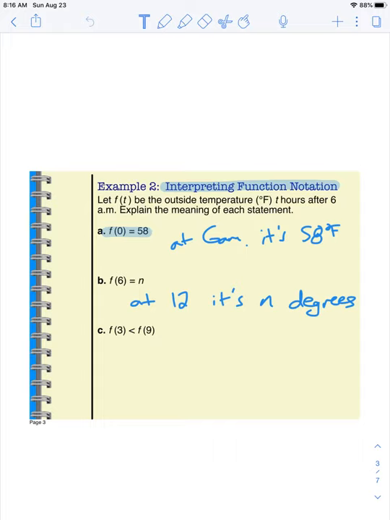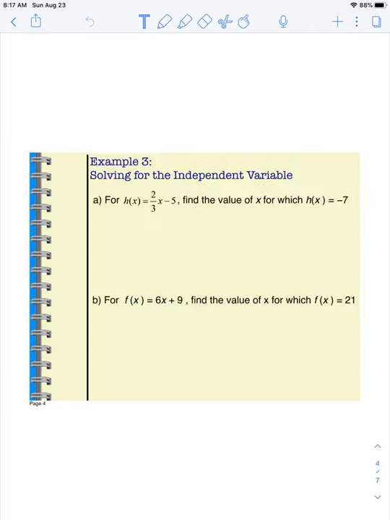That means 3 hours after 6 a.m., the temperature is less than 9 hours after 6 a.m., or at 9 a.m., it's colder, because I know if the temperature is smaller, that means that it's colder outside. Then 9 hours after 6 a.m. would be 3 p.m. So at 9 a.m. it's colder than at 3 p.m.